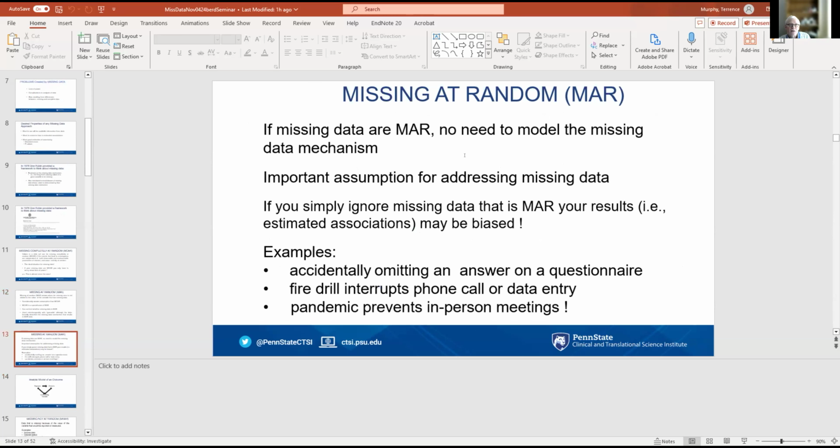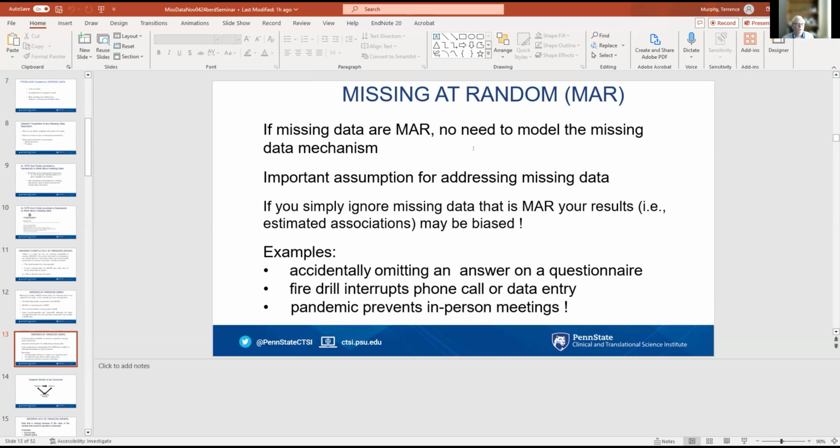If missing data are missing at random, this relieves us of something that's very burdensome and difficult, which is we don't need to model the missing data mechanism. This is really the key underlying assumption for the most important missing data methods. If you simply ignore missing data that is missing at random, your results may be biased.